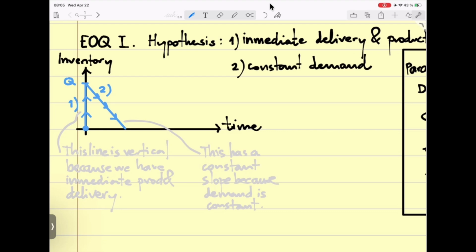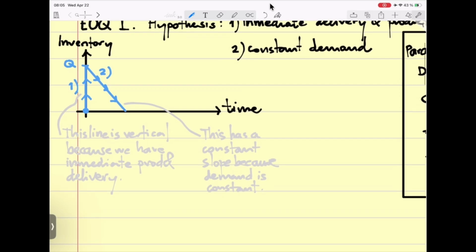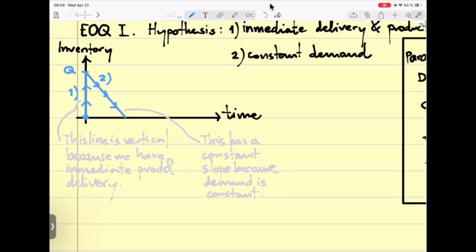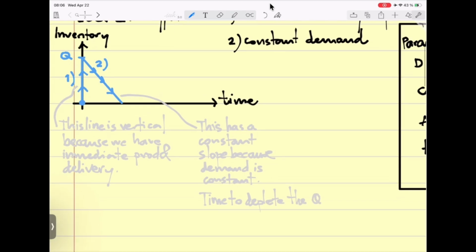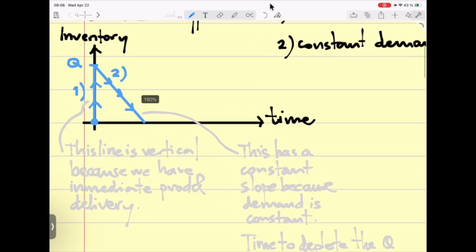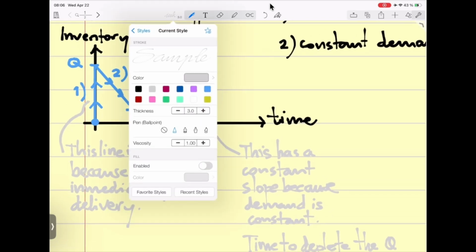And the time it takes to deplete the Q inventory is Q divided by D. Okay, this is this time. Q divided by D.